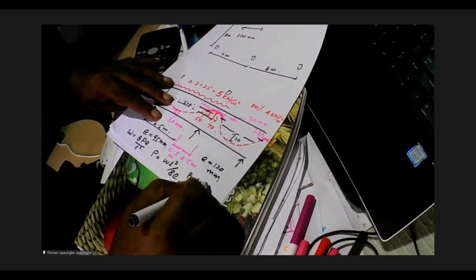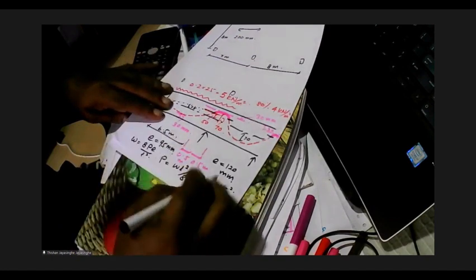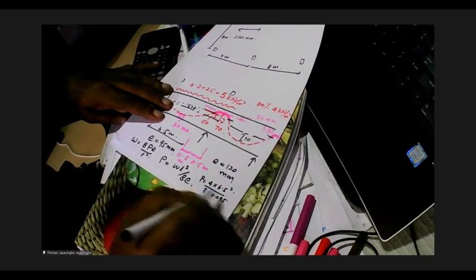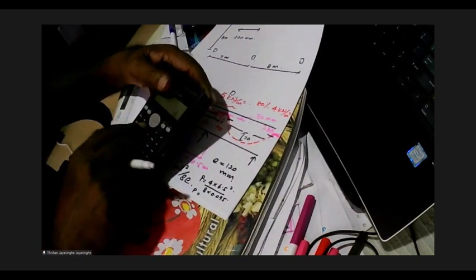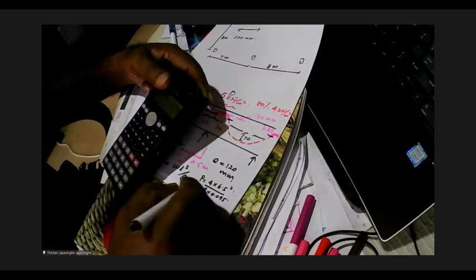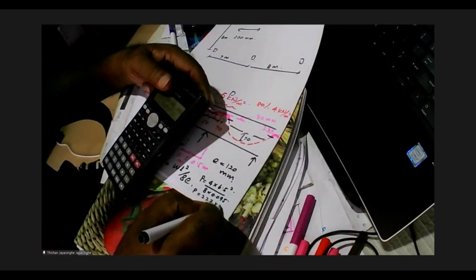P is equal to W is 4, L is 6.5 squared, this is 6.5 meters, divided by 8 into 0.095. This will give the value of P. 4 multiplied by 6.5 squared divided by 8 divided by 0.095. 222 kilonewtons.